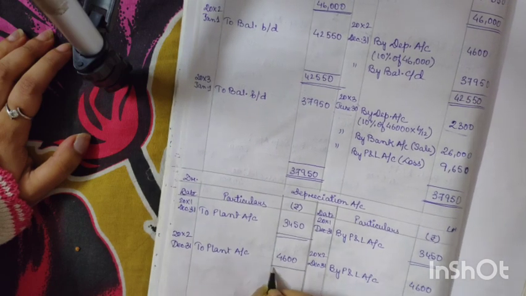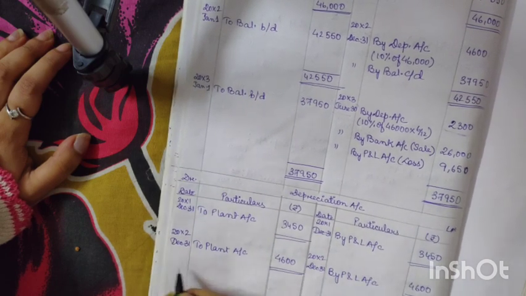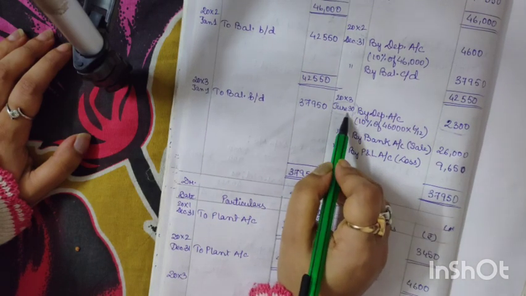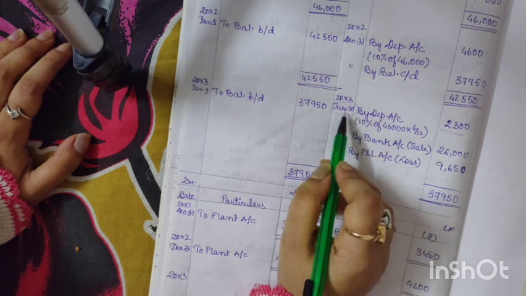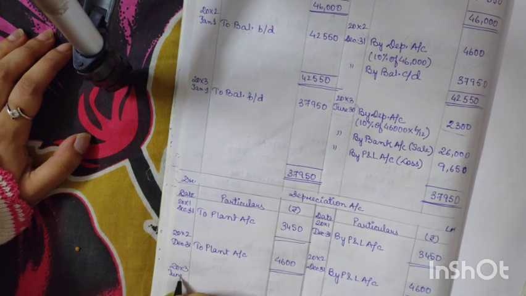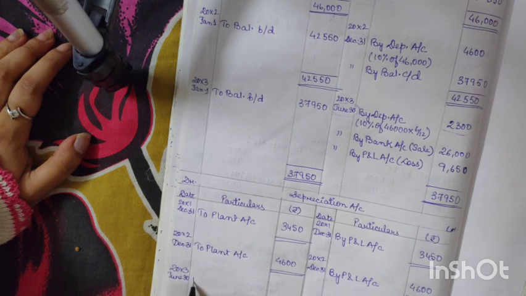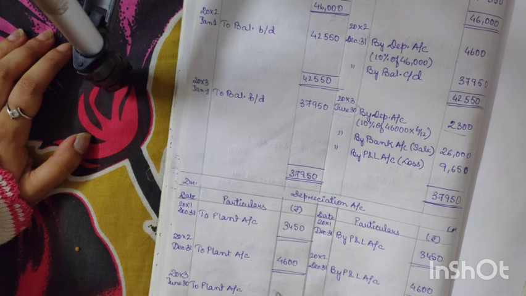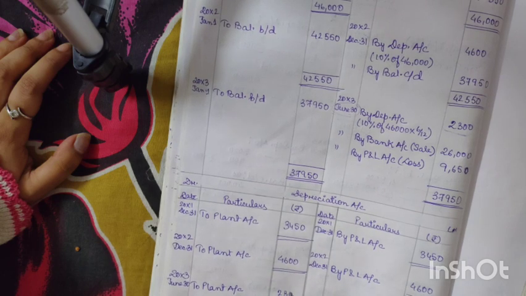4,600. So over. Now in the third year the date will be June 30 because in the third year we have provided depreciation on June 30. So here we will write June 30 to plant account 2,300.